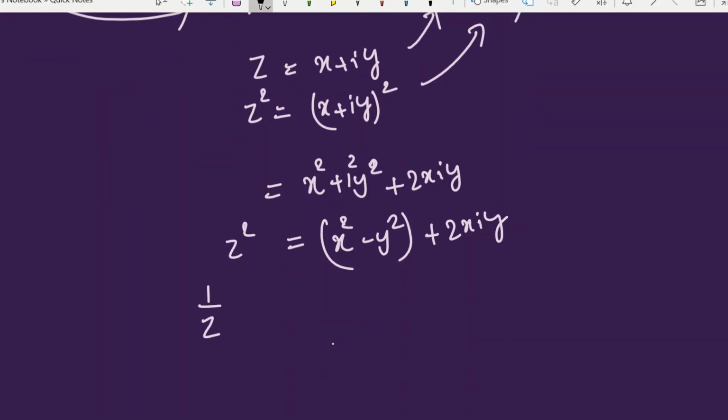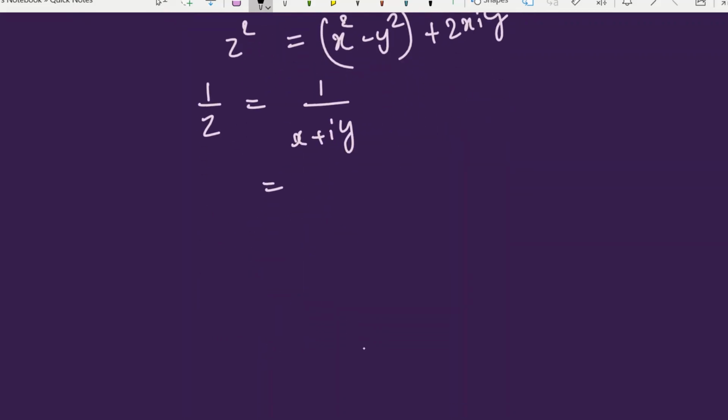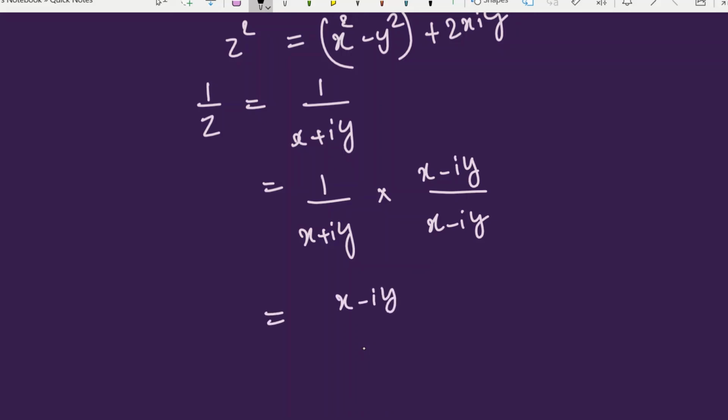And what will happen? 1 by z. 1 divided by x plus iy. So in complex numbers, denominator, it should not contain complex variable. That is x plus iy. So in that case, we need to do the process like multiply and divide by the conjugate. Conjugate of x plus iy is x minus iy. So x minus iy, here x plus iy into x minus iy.